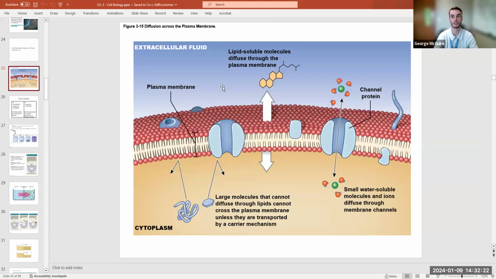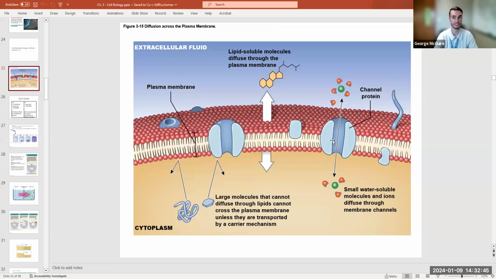Right? So when a molecule is under pressure from that concentration gradient, again with the example, if we have a high concentration of something like sugar, so glucose, which needs help to cross this membrane. We have a high concentration of glucose outside and a low concentration of glucose inside.